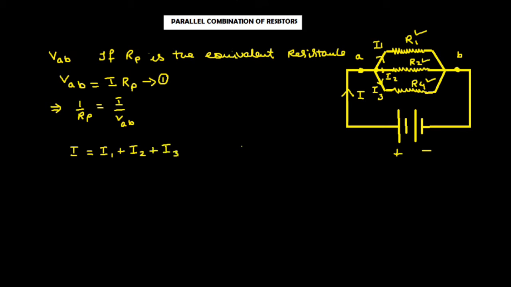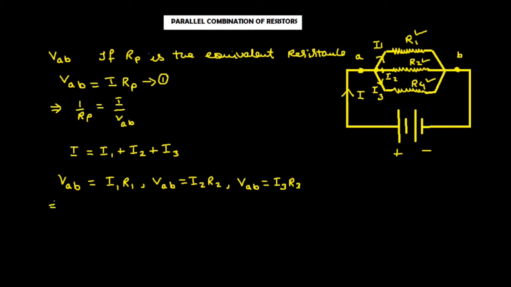Since VAB is the potential difference across each resistor, we can write VAB is equal to I1 R1, VAB is equal to I2 R2, and VAB is equal to I3 R3.